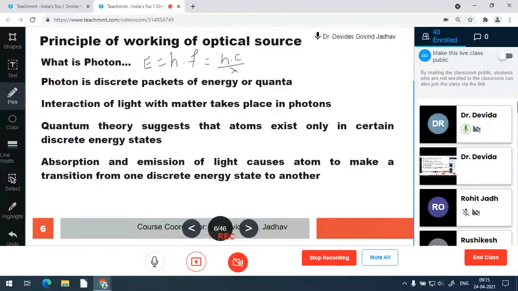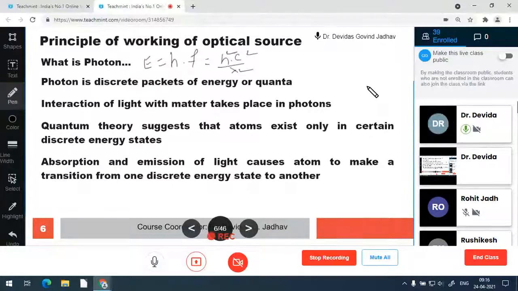If the light is monochromatic, having a single wavelength or frequency, all the photons will have the same energy, since h and c are constant.